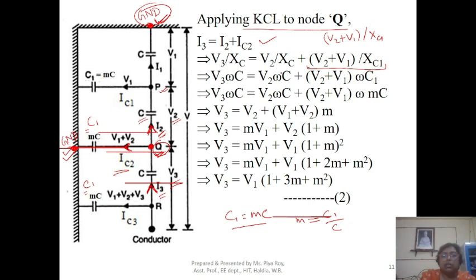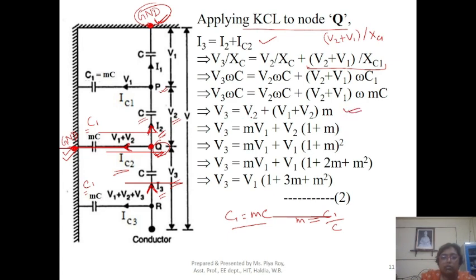However, by putting all these values, now replace the reactances with their actual values, that is omega C, etc. The common part should be eliminated, and now we have the final expression like this.